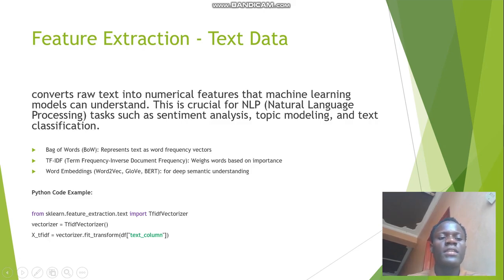Then we have TF-IDF, term frequency-inverse document frequency, which weighs words based on context. Then we have word embeddings for deep semantic understanding. Python code is there. The library imported is TfidfVectorizer, as you can see.